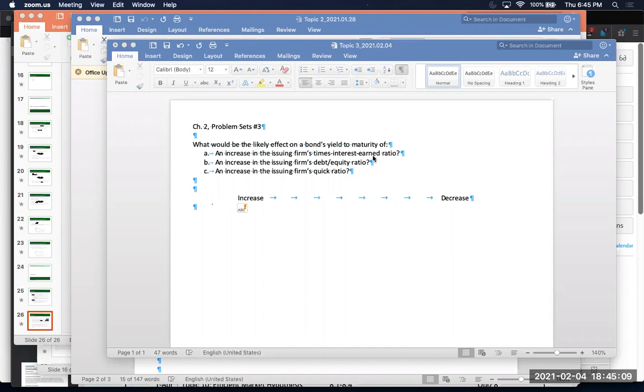So if you have a higher, let's say, EBITDA over interest expense, is that going to increase or decrease the bond yield to maturity?